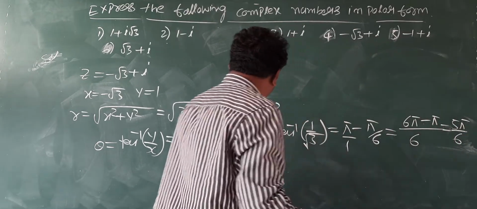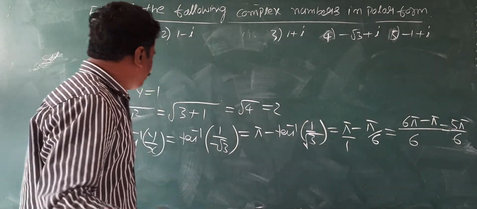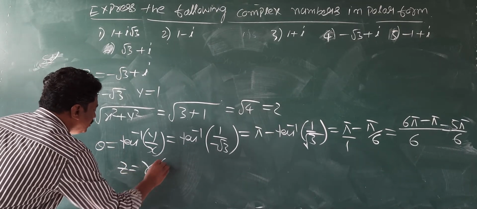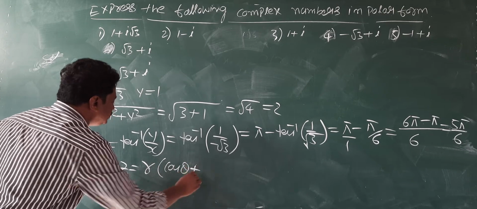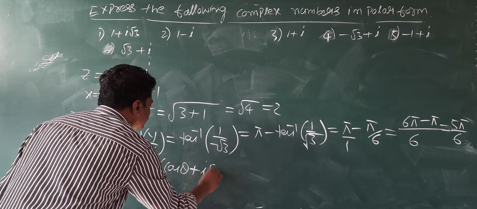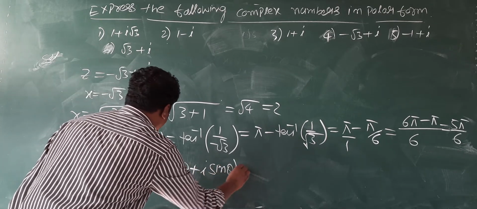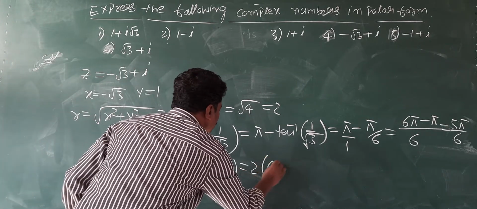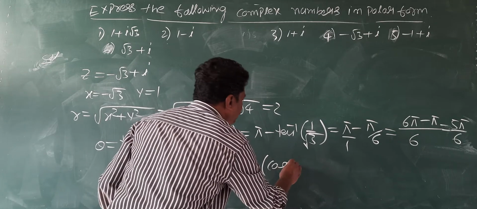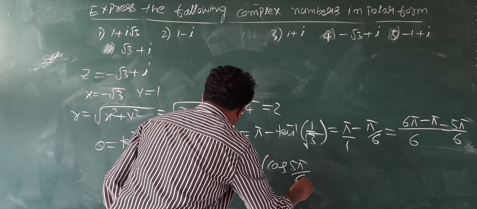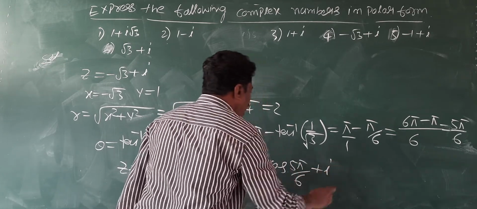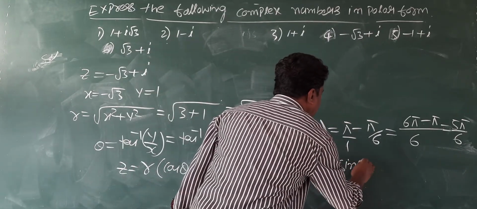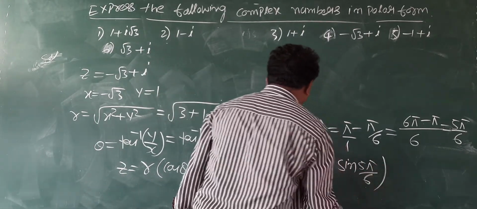Now let us write the polar form. Polar form is z equals r into cos theta plus i sin theta. So what is r? It is 2. 2 into cos 5 pi by 6 plus i into sin 5 pi by 6.